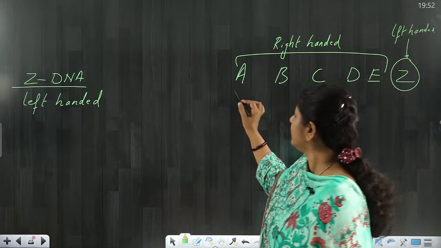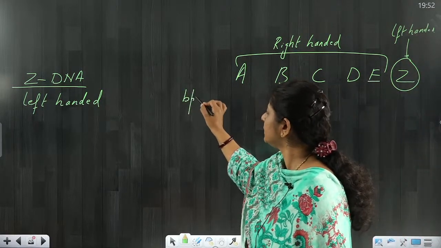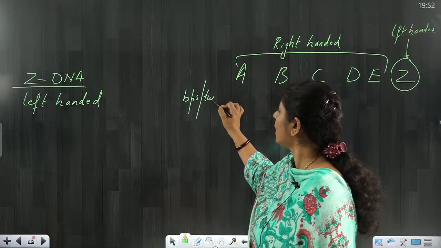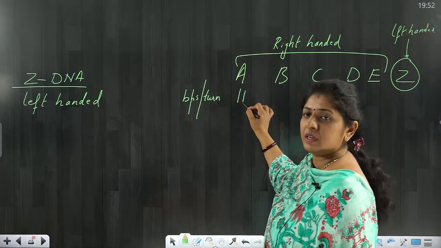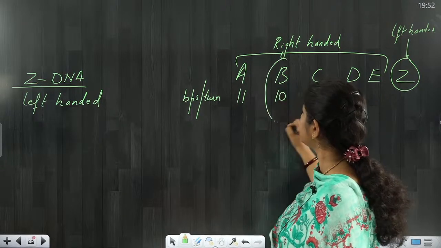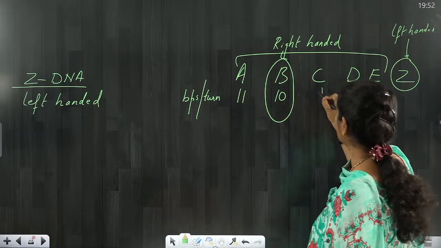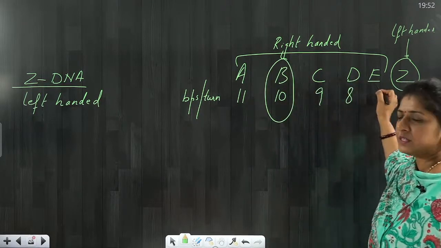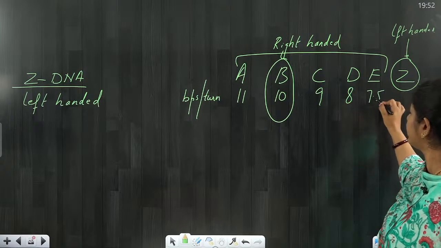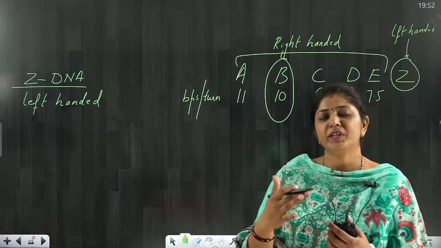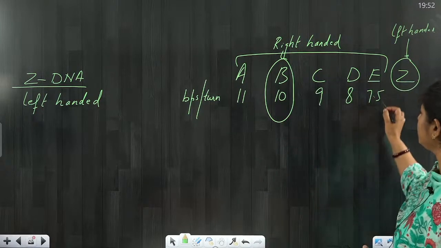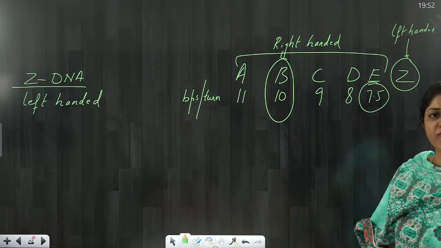This is having base pairs per turn. How many here? 11. It is 10, as I just discussed with you. Then for the next it is 9, 8. This is having 7.5, meaning the 8th is shared between the two turns. That's why you are calling it 7.5.